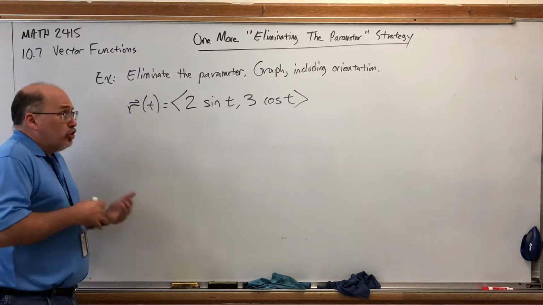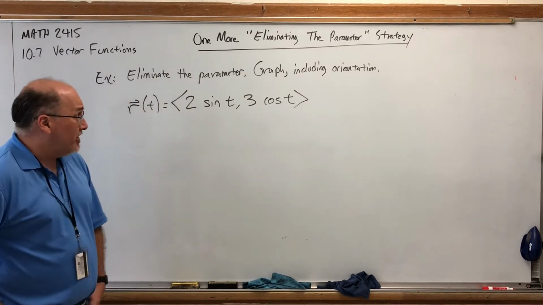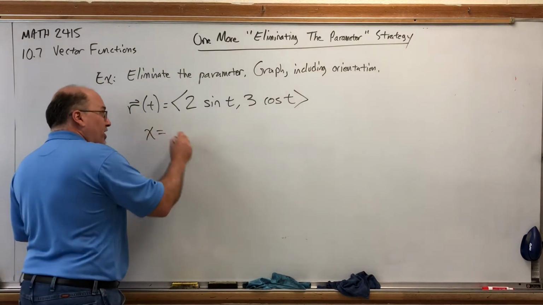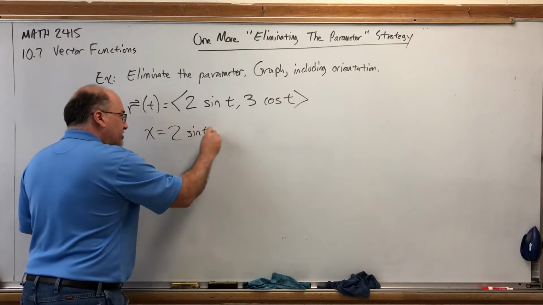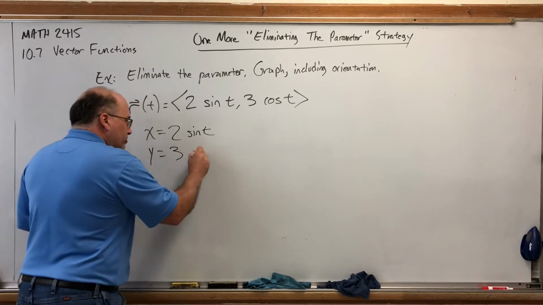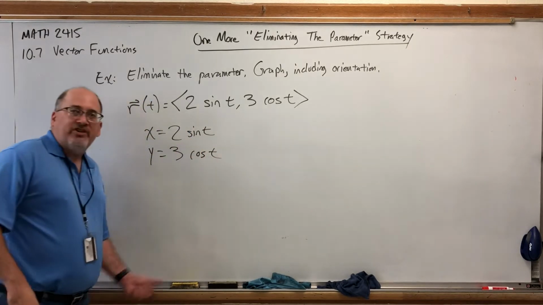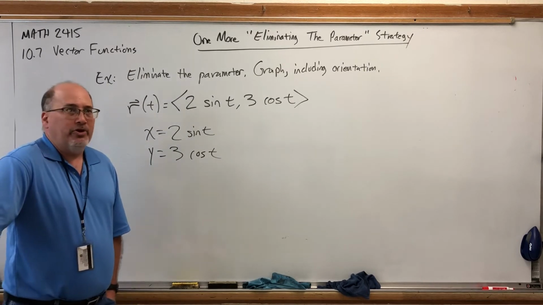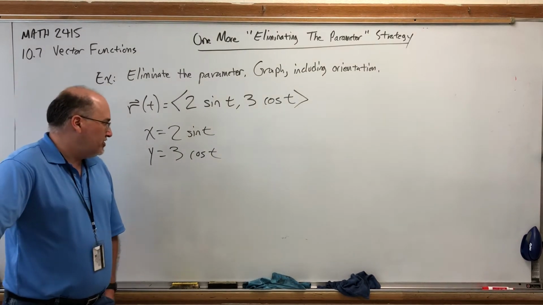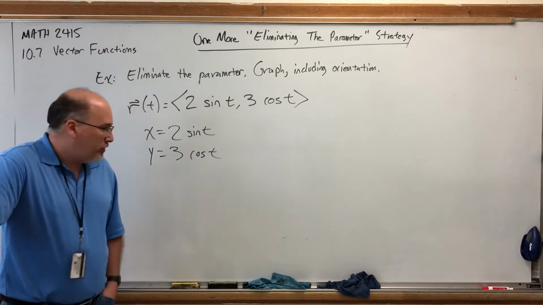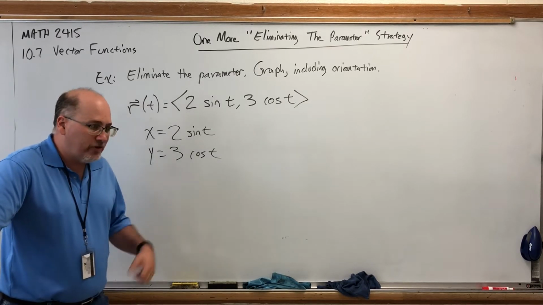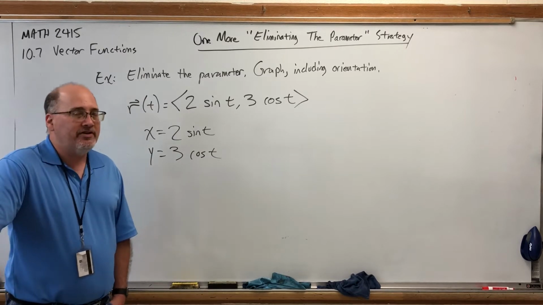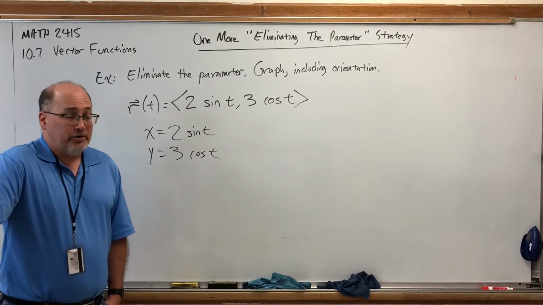Now, could we use the first strategy for eliminating the parameter, solve one of the parametric equations, which by the way are x equals 2 sine t and y equals 3 cosine t, solve one of these for t and substitute into the other? It's not impossible. I wouldn't do it though, because solving either one of these is going to involve an inverse trig function, which we would have to substitute into the trig function, and although not impossible, it's just not desirable from an algebraic perspective.